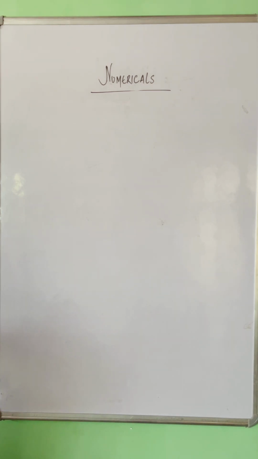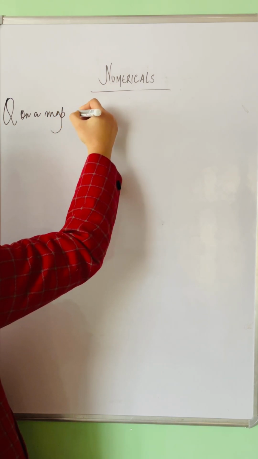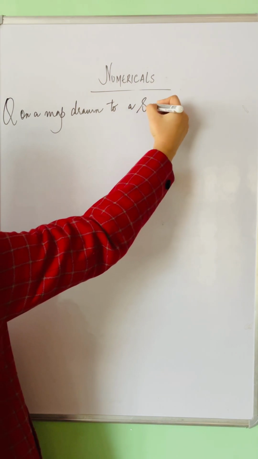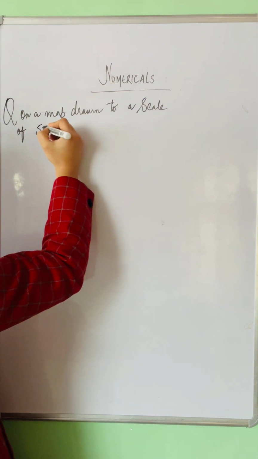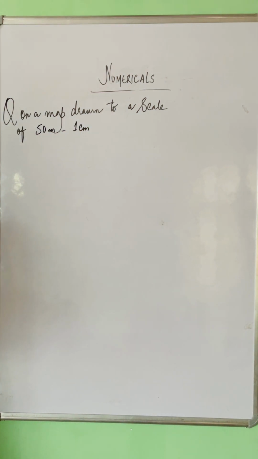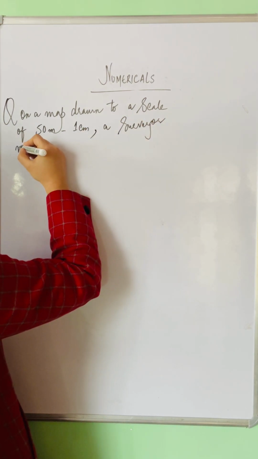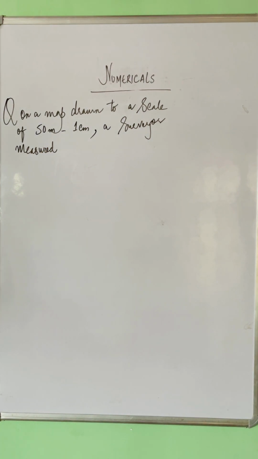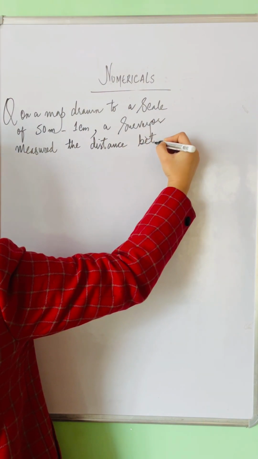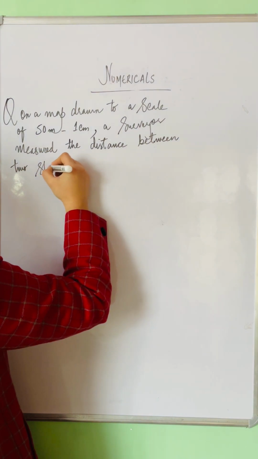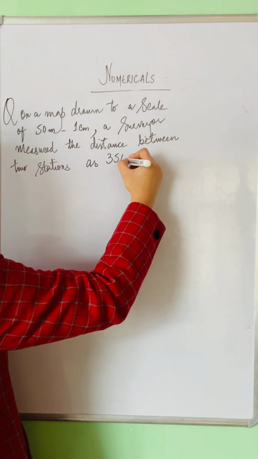Next question is, on a map drawn to a scale of 50 meters to 1 centimeter, a surveyor measured the distance between two stations as 3,500 meters.